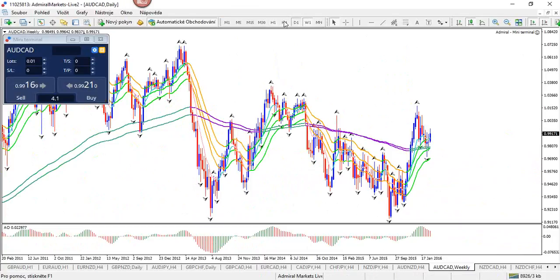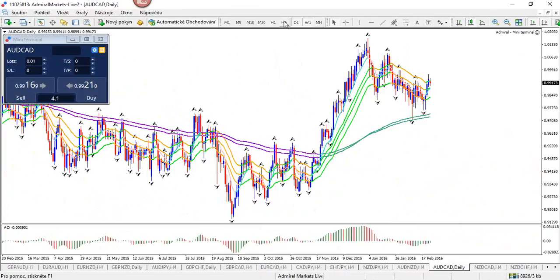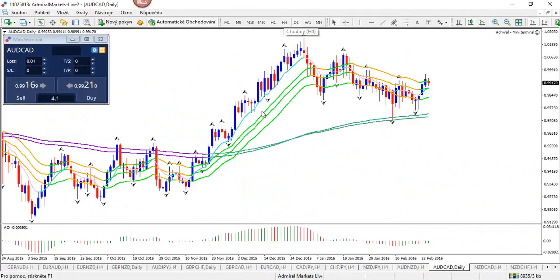Let me be probably a bit fast with this one. The daily chart does have good momentum, but this has been already a sturdy correction. So I do think that we could be back in the bullish environment, which would be great for the CAD.